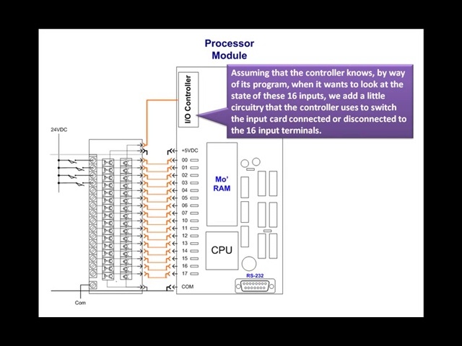So by way of the I/O controller, it would send a high, or a 5 volt DC level, switching all 16 of those solid-state switches on at once, and then the state of all 16 inputs would be felt over to the 16 terminals 0 through 17. Remember, that's base 8 octal. So the controller now has control over whether or not the controller sees those 16 inputs.